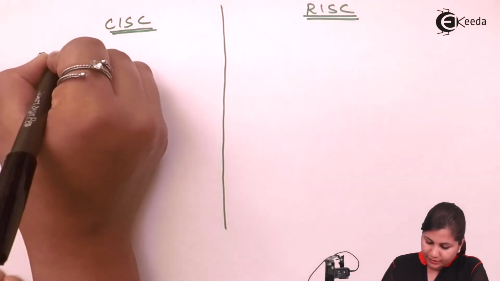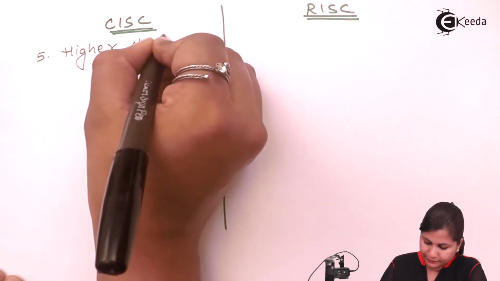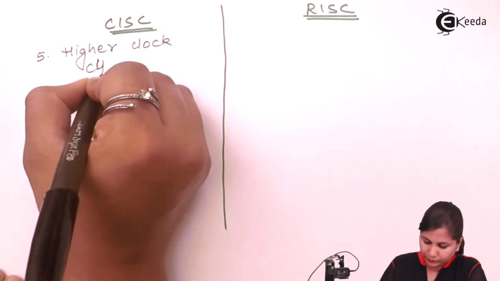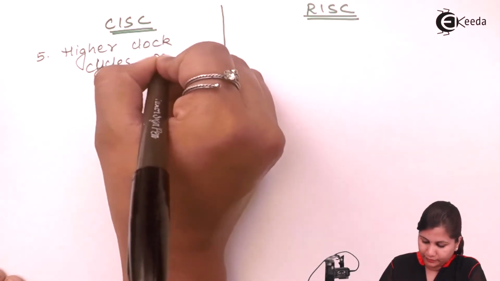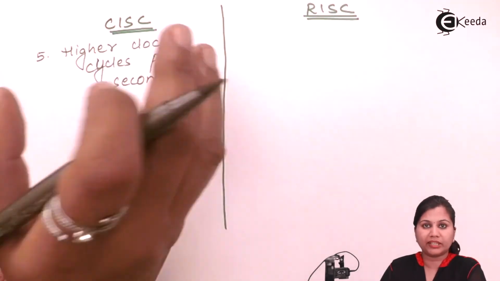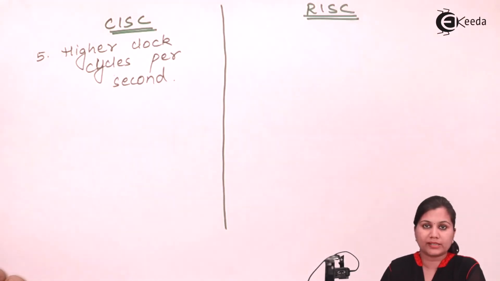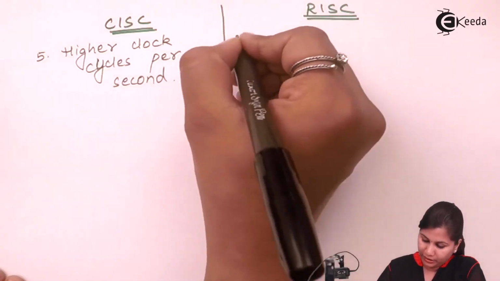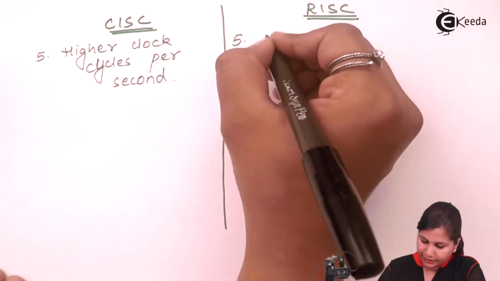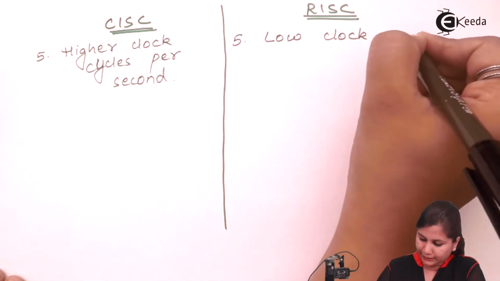Now in CISC architecture, there are higher clock cycles per second, because the instructions are very complex. To execute those instructions, a larger number of clock cycles will be required. Whereas in the RISC architecture, there are low clock cycles per instruction.